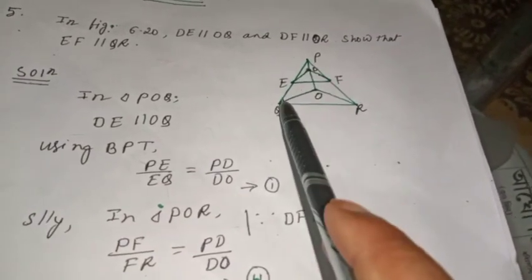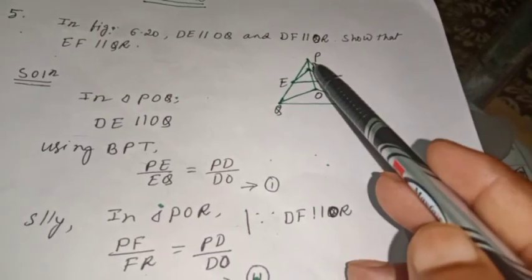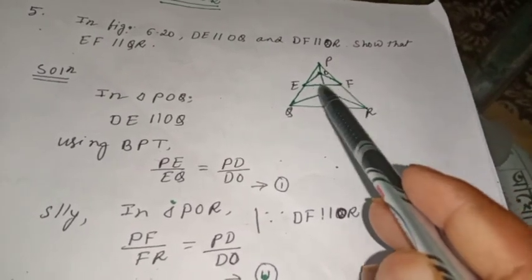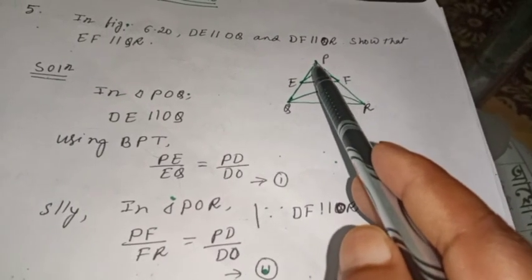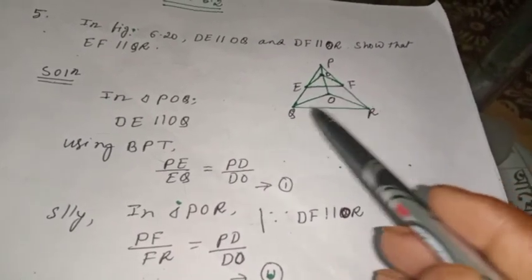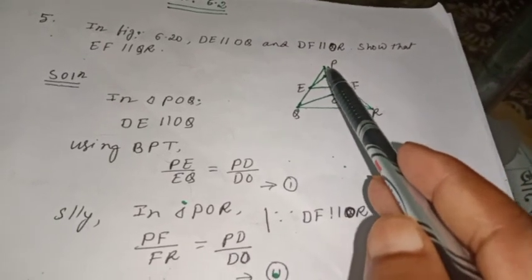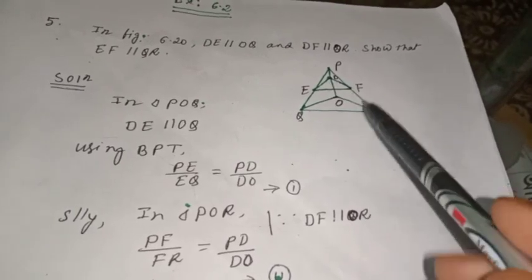Now see, you are getting PE by EQ is equal to PF by FR. If you see triangle PQR, then it is clear that in triangle PQR, the line EF is parallel to QR, and this line divides the two sides PQ and PR in the same ratio, that is PE by EQ is equal to PF by FR.